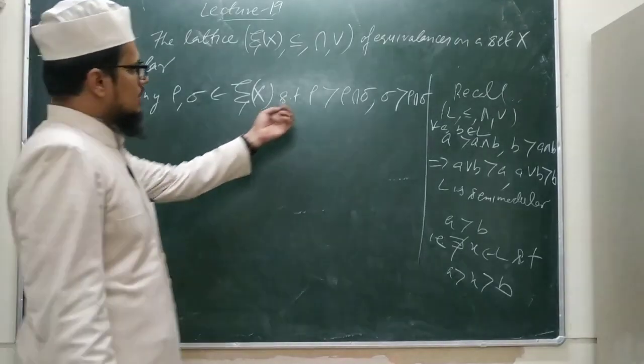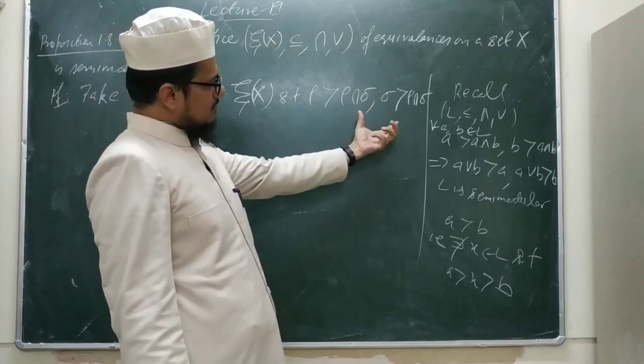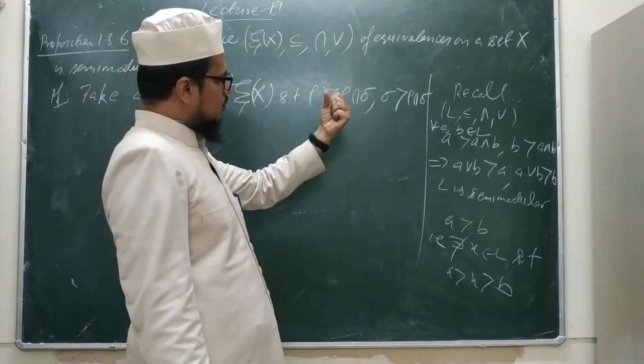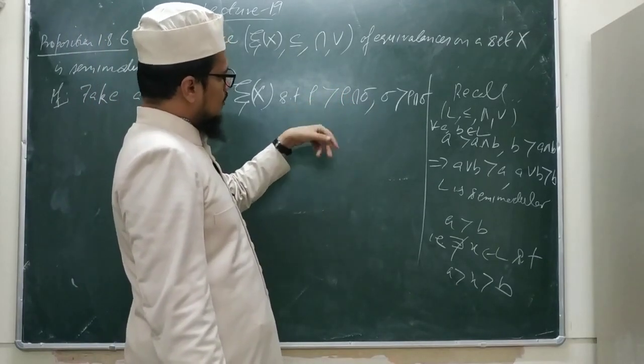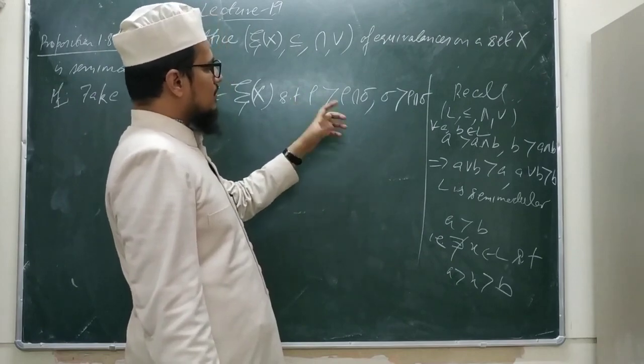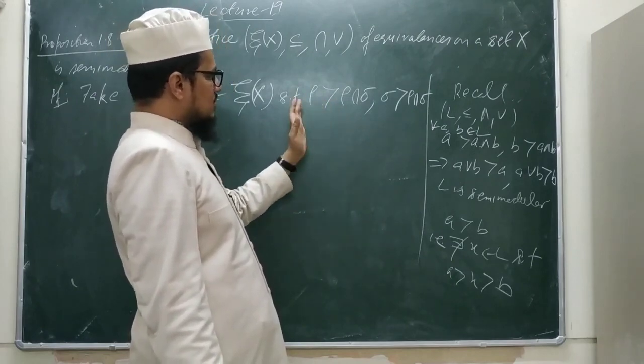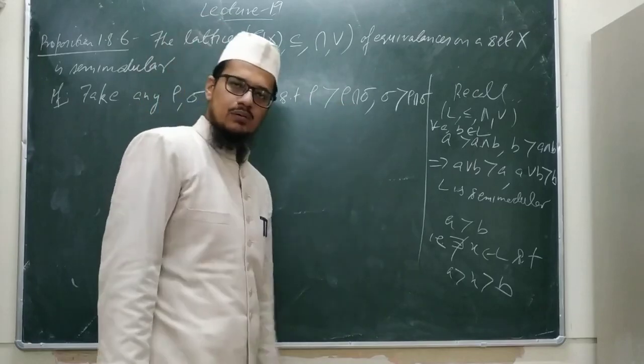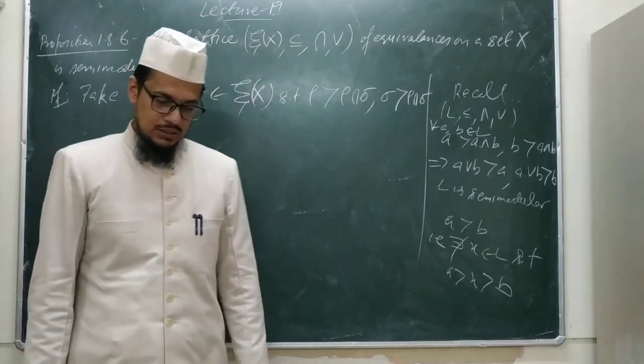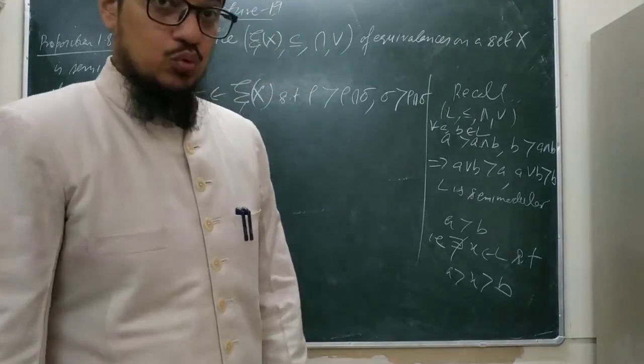What we have to show? Our claim is that rho join sigma covers rho as well as sigma, isn't it?